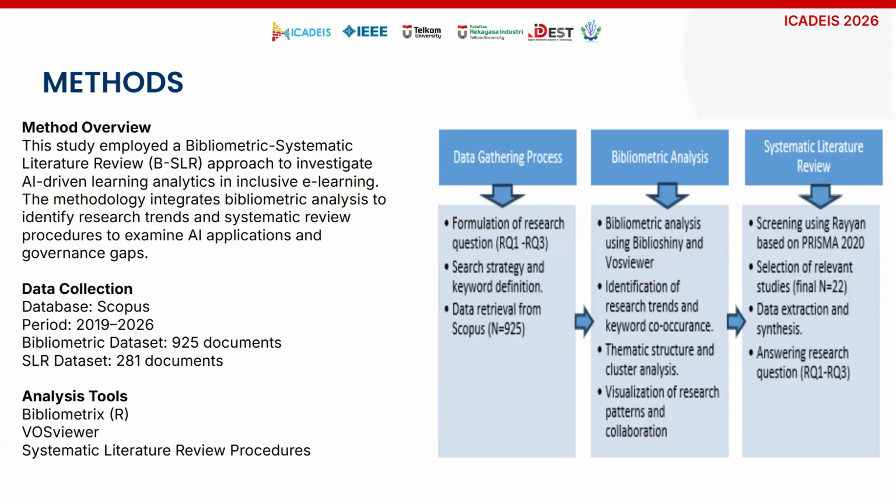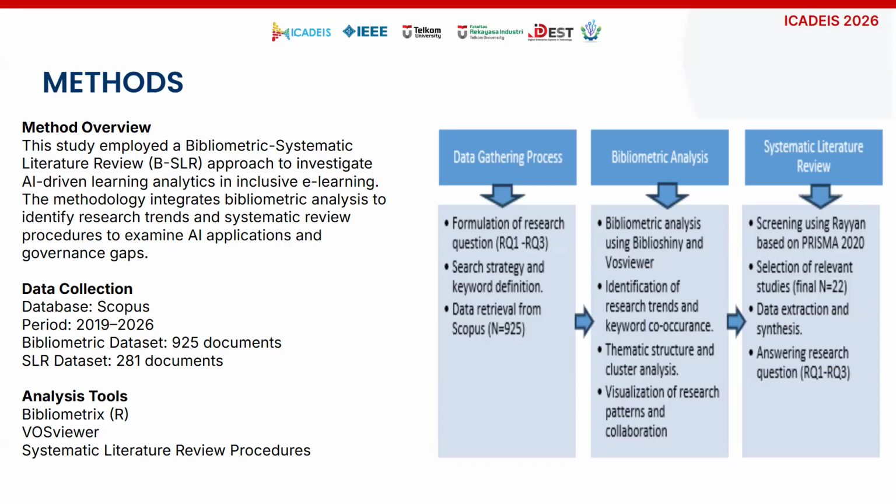Then we continue collecting data for the systematic review. We are also using the Scopus database, starting from 281 documents, and then we screen using Rayyan with include and exclude criteria.